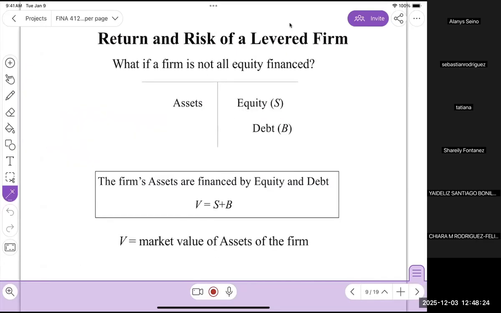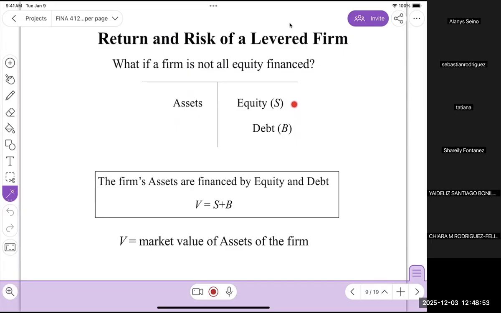All right, so up to this point we have talked about firms being all equity, but what if a firm is also issuing debt? In that case, the balance sheet of assets is equal to both the outstanding value of equity and the outstanding value of debt. That's the number of shares times the share price at any given time.